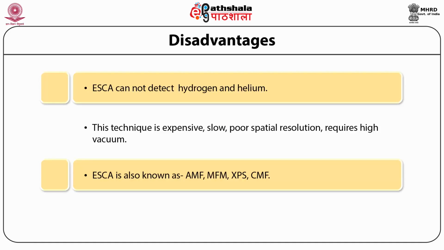Though it is very useful, as we said, it cannot detect hydrogen and helium. Whenever there is any compound where hydrogen is present and this compound gets absorbed in the form of a thin layer on the surface, we can certainly find out about all other elements. For example, if I have nitrogen, sulfur, carbon or arsenic, or any other metal which is there in the thin layer on the surface, one can carry out a very accurate estimation of these.